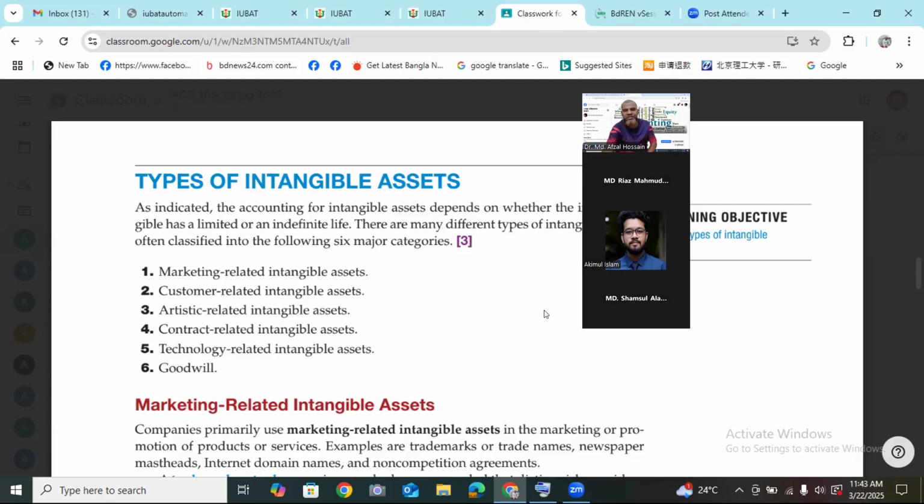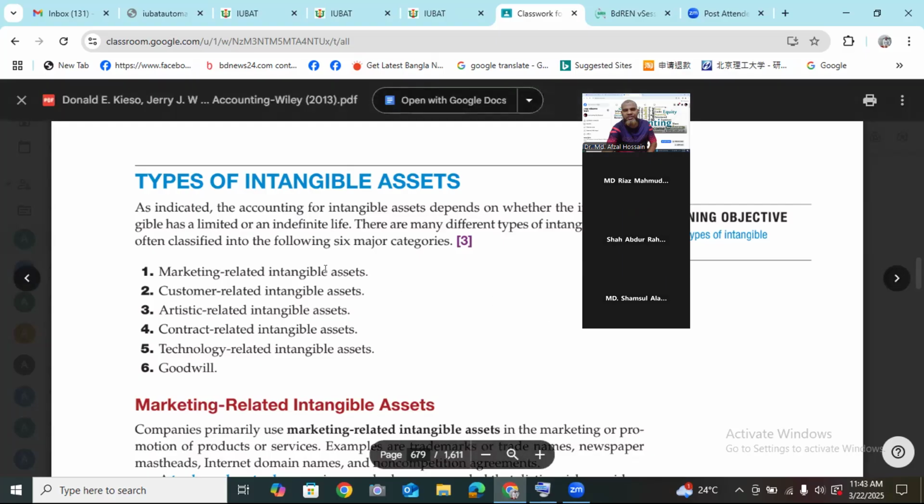Now come to the types of intangible assets.